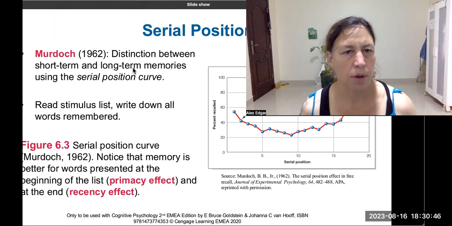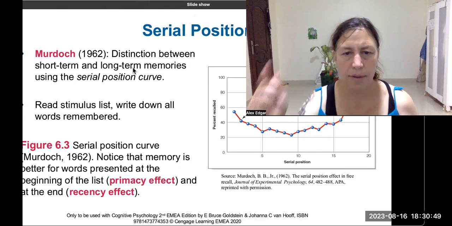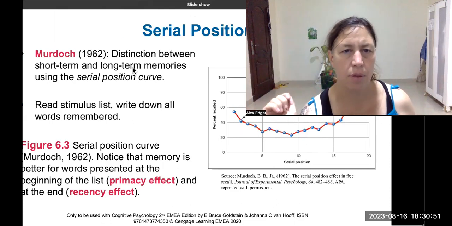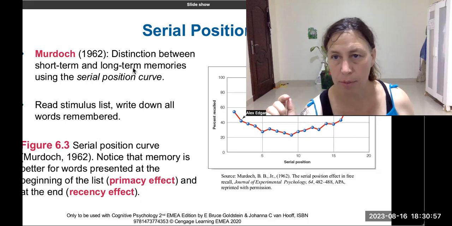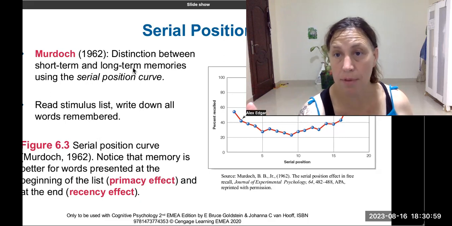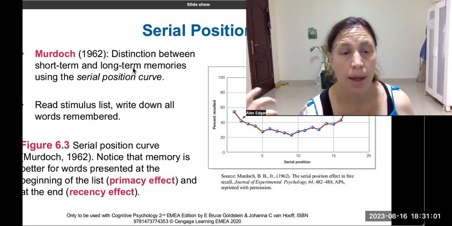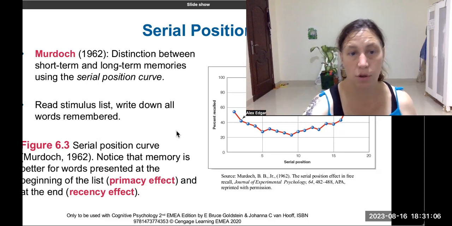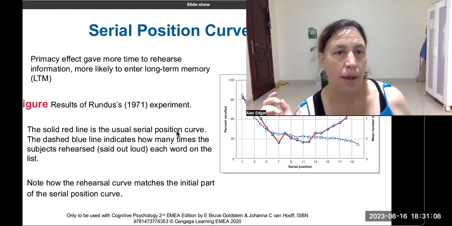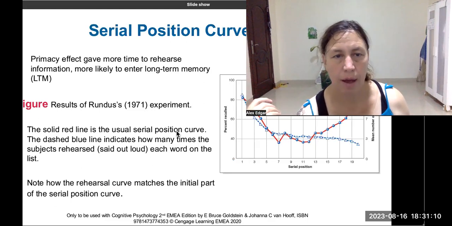Okay, so Murdoch created this graph of the serial position curve. We have the primacy effect, primacy meaning what you heard first, and the recency, what you heard most recently or learnt. Why is the primacy effect higher?